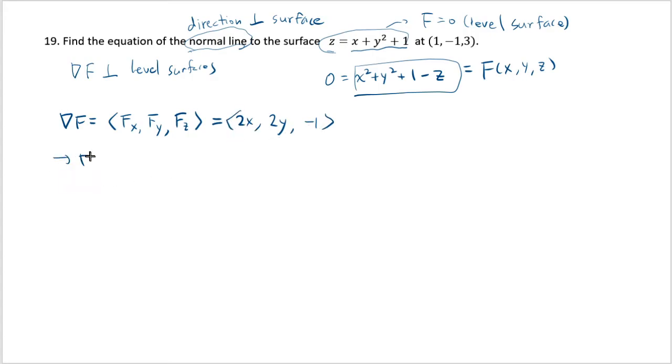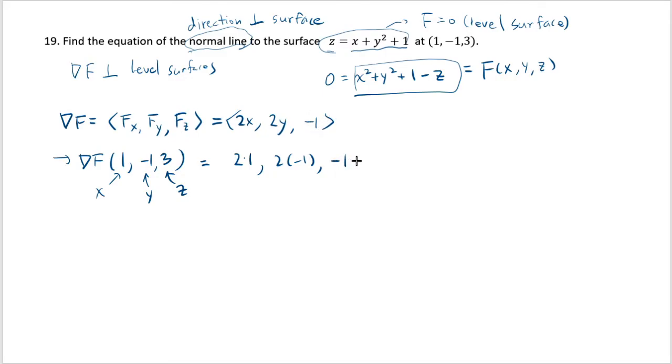Which means the gradient of F evaluated at (1, -1, 3), meaning x is 1, y is negative 1 and z is 3. Since x is 1, you get 2 times 1. Since y is negative 1, you get 2 times negative 1. And here you don't see anything, it's not z, it's just negative 1.